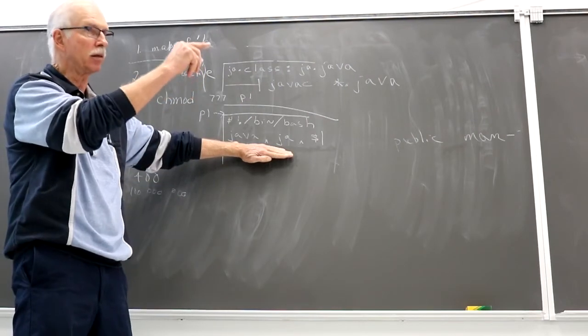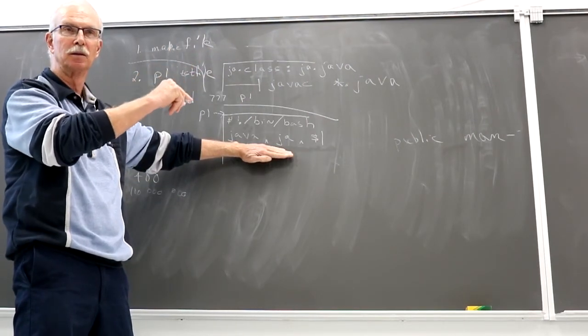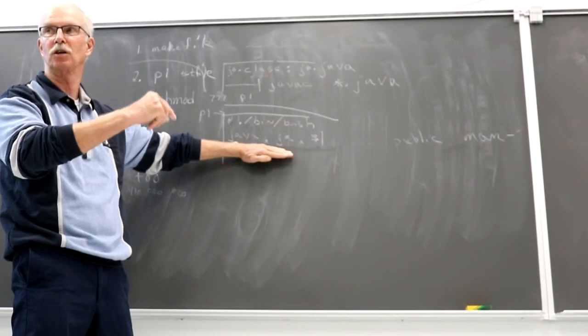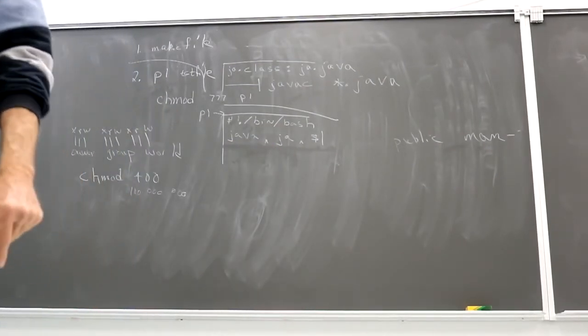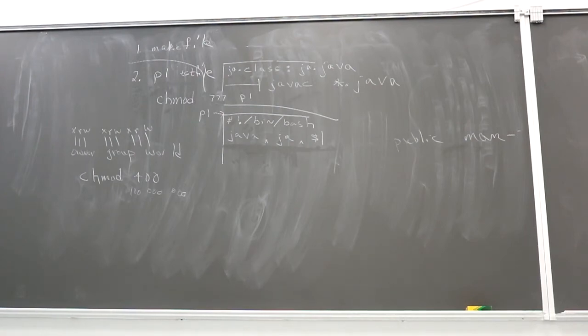Now, my Python and my Ruby and my Java and my C are all accurate. I don't know how to run JavaScript off the top of my head. The last student who did JavaScript, I had to do a whole bunch of exotic things. And his P1 file was not just a simple line. It created directories and did all kinds of stuff.